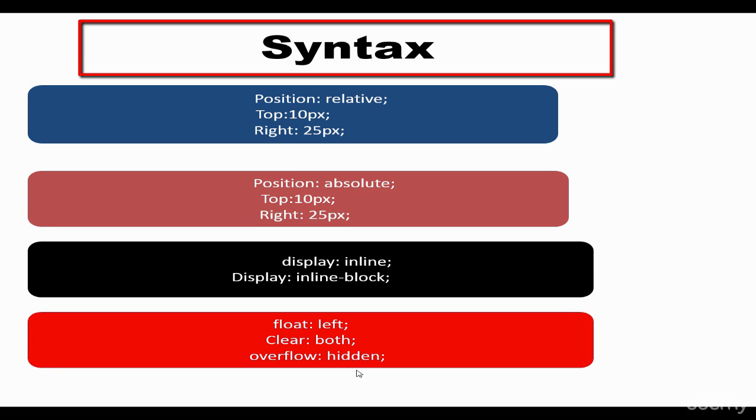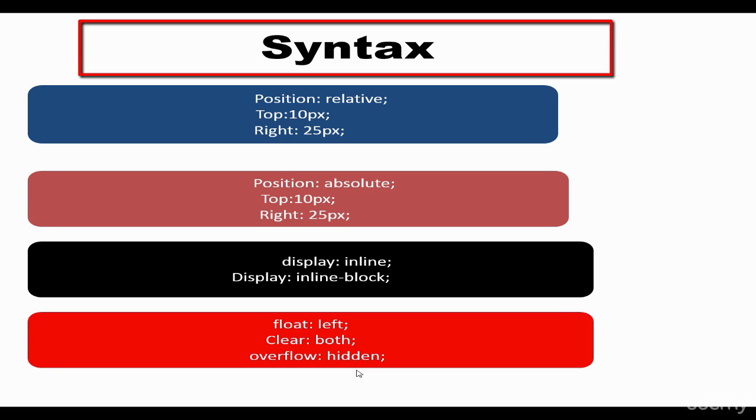We also covered what a float is. The float property is used to float elements in a certain direction, usually left or right. And then the clear property is used to clear the obstruction caused by the floating element. The values you can use for that are clear right, clear left, or clear both.